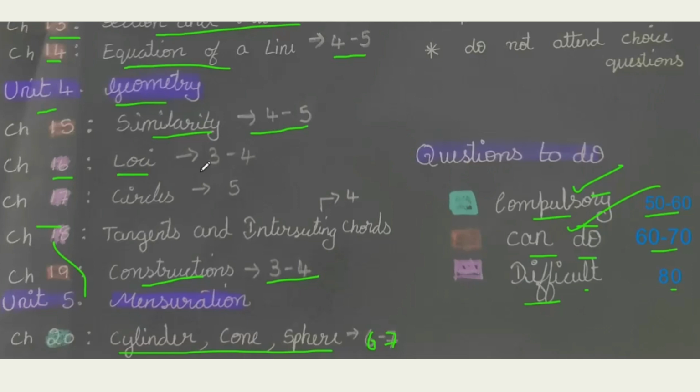Loki was reduced last year, but it is included. Students feel it is a very difficult chapter, but if you understand the concept, like in similarity, you could easily do these problems. Loki carries 3 to 4 marks, and circles, this is also concept based, carries 5 marks.